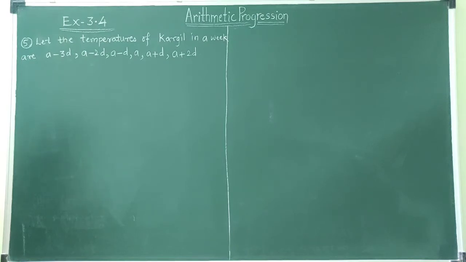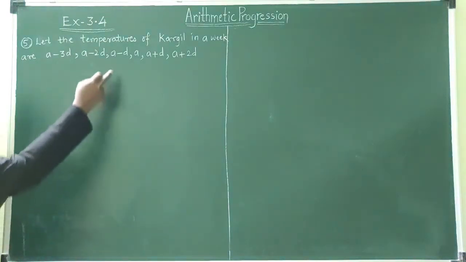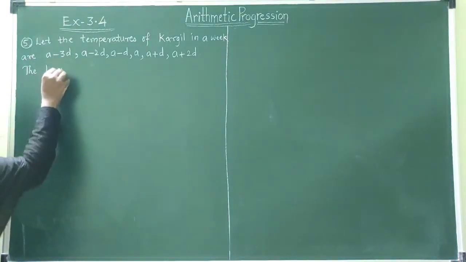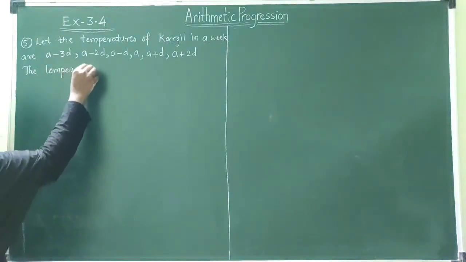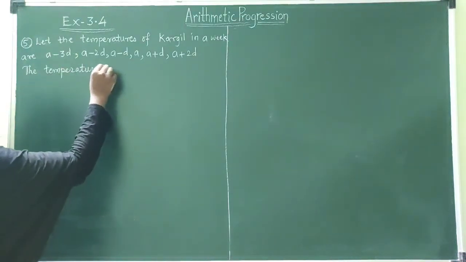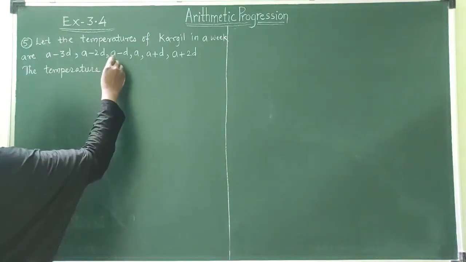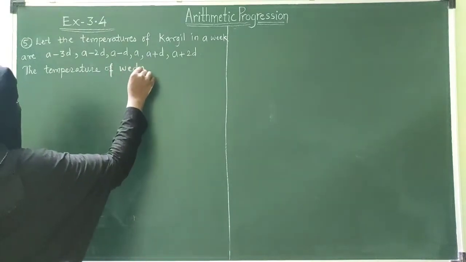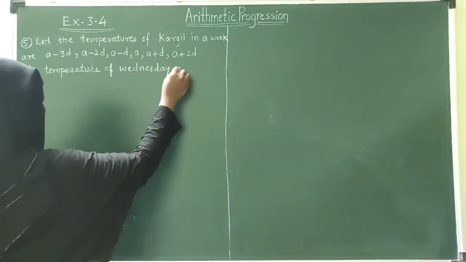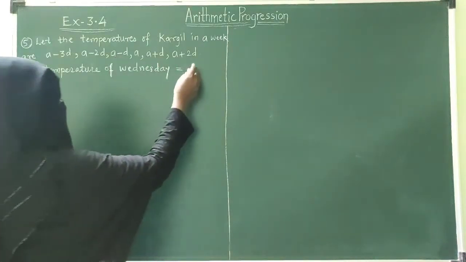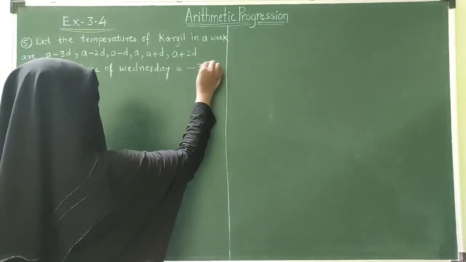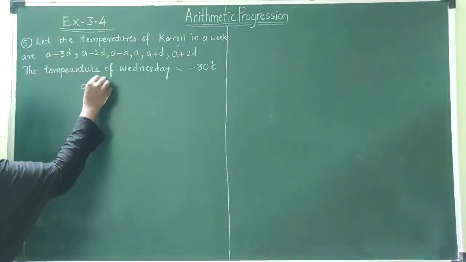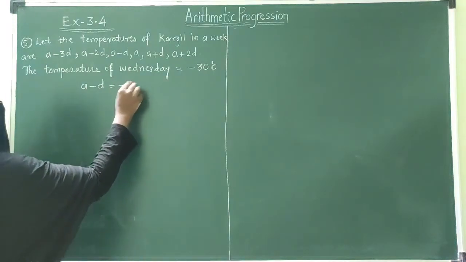Here the temperature of Wednesday is A minus D. The temperature of Wednesday is equal to A minus D, which is minus 30 degrees Celsius. We write here A minus D is equal to minus 30.